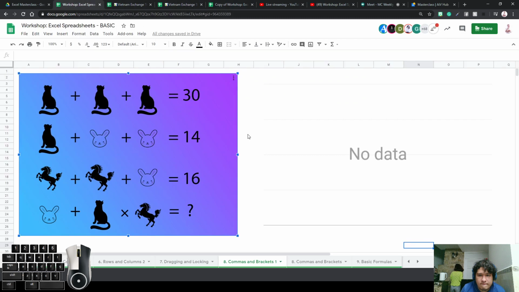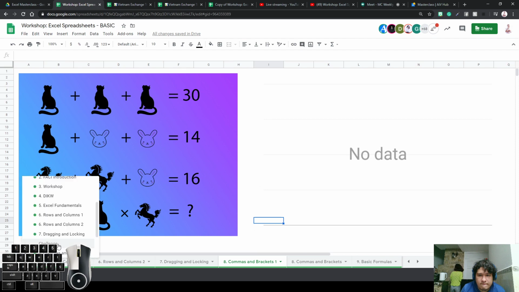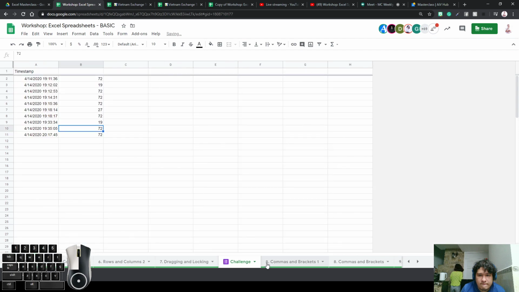How much? If I have cat plus cat plus cat, and that equals 30, and I have cat plus bunny, and that equals 14, and if I have horse plus bunny, that equals 16, how much is bunny plus cat plus horse? Fill in the form with your answers.